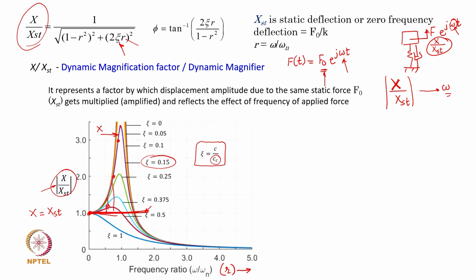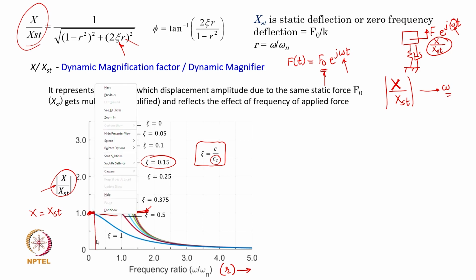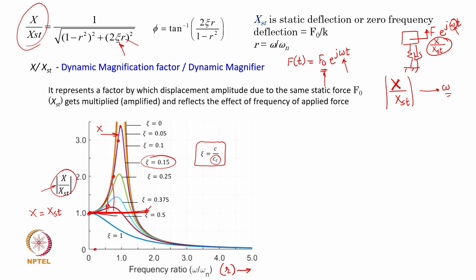Even if the excitation frequency ratio is, let us say, 0.2 or so, if you keep on increasing it to a higher value, somewhere around 1, which means the excitation frequency over natural frequency, which we write as r, becomes close to 1, the excitation frequency is the same as the natural frequency of the system.